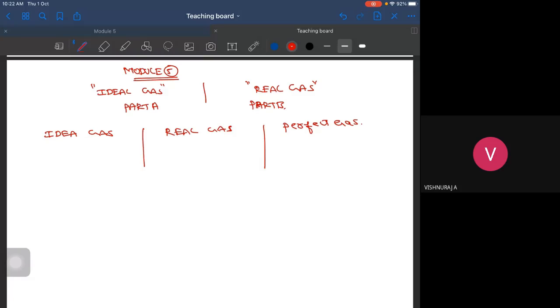You can say a particular gas is ideal, real, or perfect based on certain criteria. So what is this criteria? Anyone know about it? What is the criteria by which you can bifurcate it as ideal, real, or perfect?